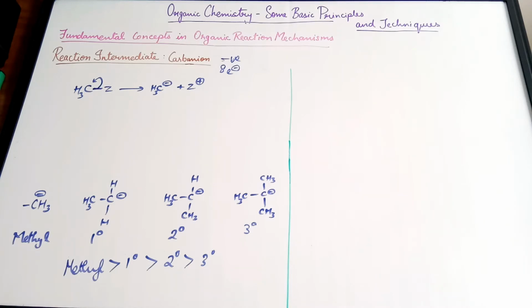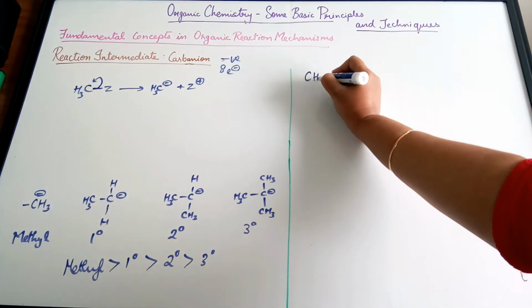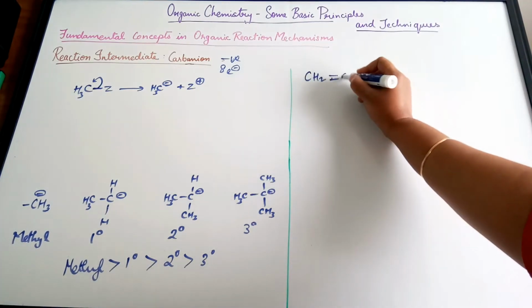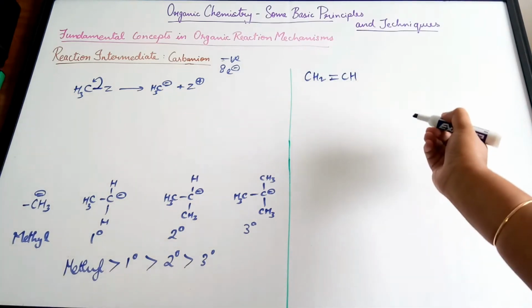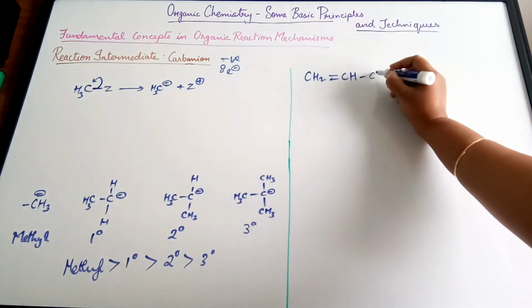Now when we talk about allylic and benzyl carbanions, we learned that the benzyl carbocation was stabilized by resonance. Similarly, in this case as well, the benzyl and the allylic carbanions are stabilized by resonance. So CH2 double bond CH single bond CH2 minus.